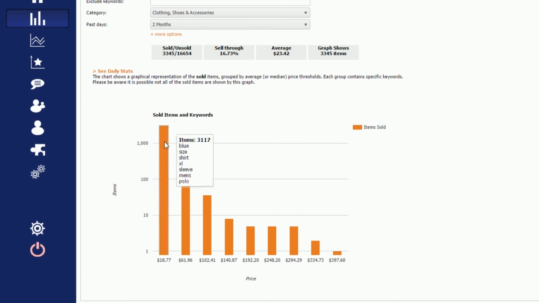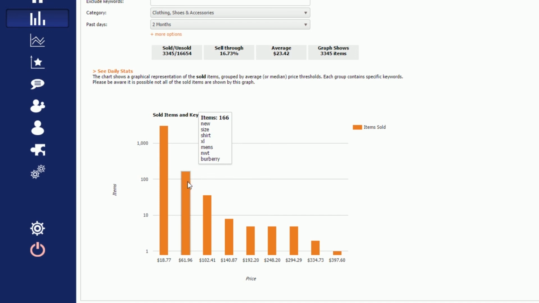And we can pick up on what stuff actually sells. So in the $18 range, we have blue, XL. XL is, I guess, the most popular size. Even I wear XL shirts. Men's and polos. Any other things that we can pick up? Burberry.